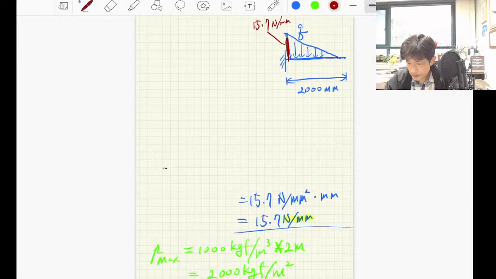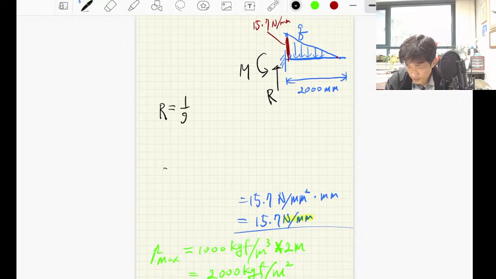Okay, so now let's use the force equilibrium. If we use force equilibrium, then we need to have the reaction force R, and then the moment M. First, let's try to calculate the reaction. The reaction is equal to the area of the distributed force.